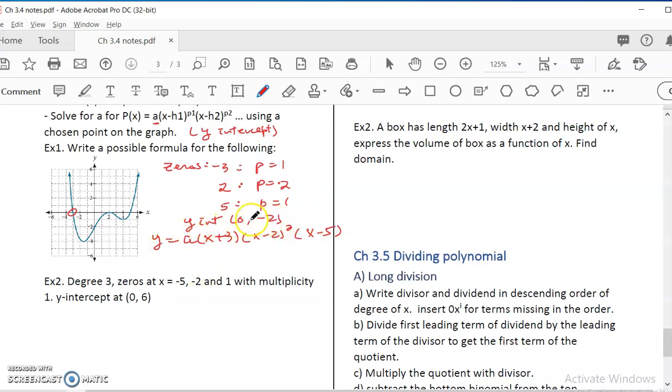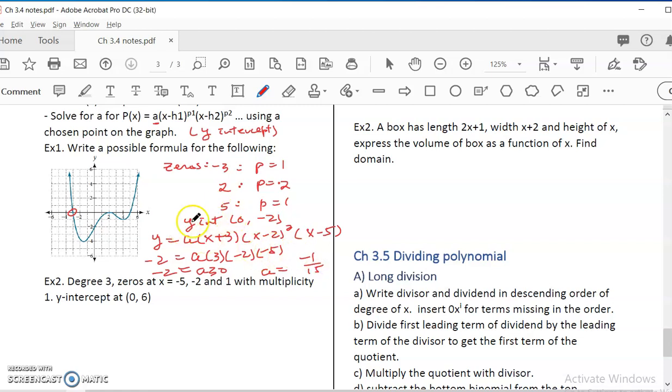Then you plug in (0, -2). So -2 is equal to, with x equal to 0, a times 3 times -2 times -5. So in this case it's 30a, right? So a times 30 equal to -2, so a equal to -1/15.